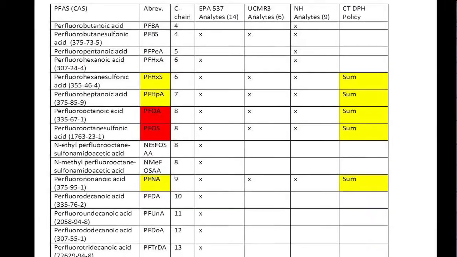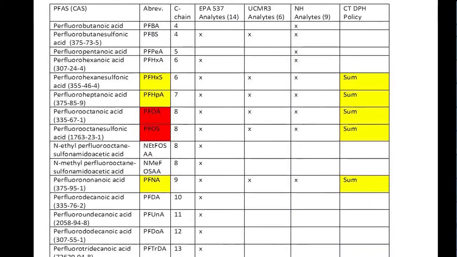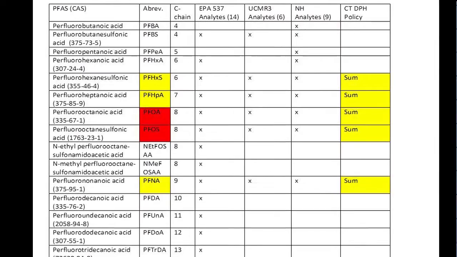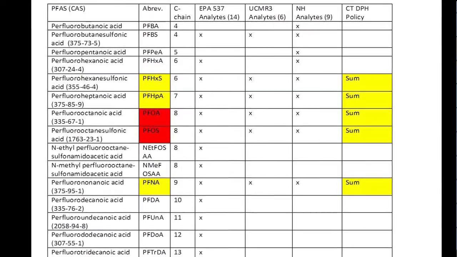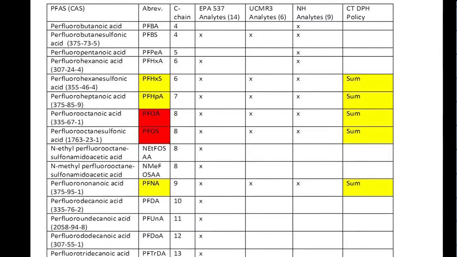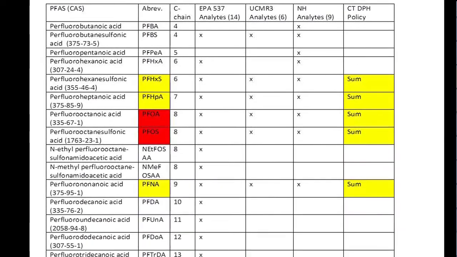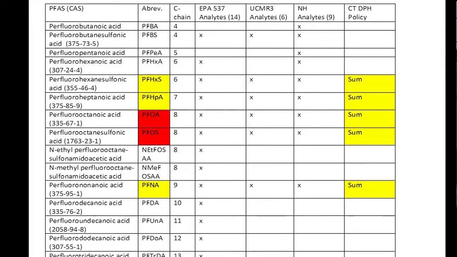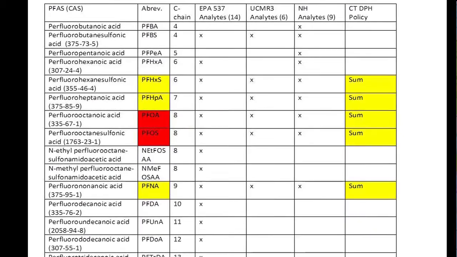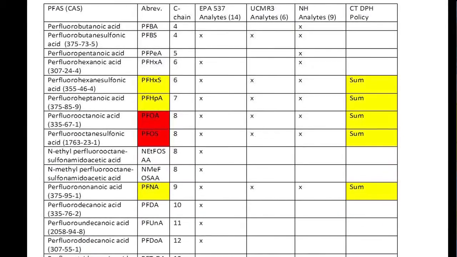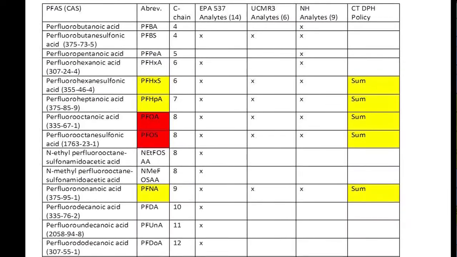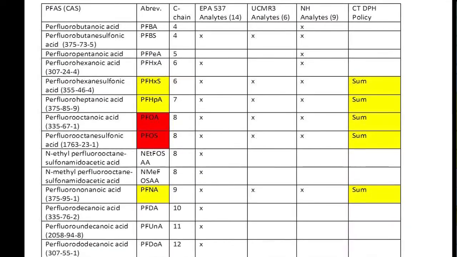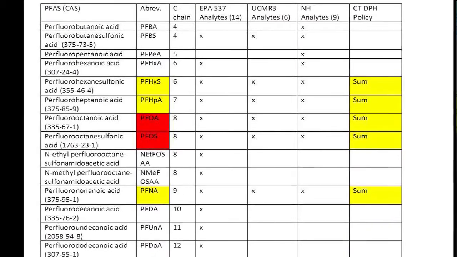The derivation of the 9 from New Hampshire was based on the more extensive initial analysis that they did, and these were the ones that showed up in their broader data set. And then we'll get to the Connecticut policy in a moment. So these are all organized by carbon chain length, and there's some relationships between toxicity information and basically the persistence in the environment and within the body based on chain length.